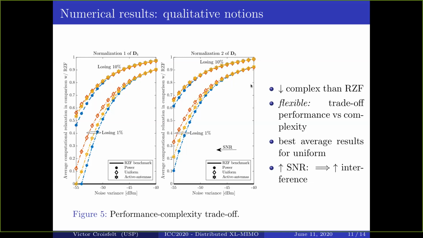And also observe that we get better results on average for uniform randomization, which is given by the blue lines. At last, we observe that when the overall SNR is large, the algorithm performs worse since we have a higher interference level among users. So this side of the graph here.